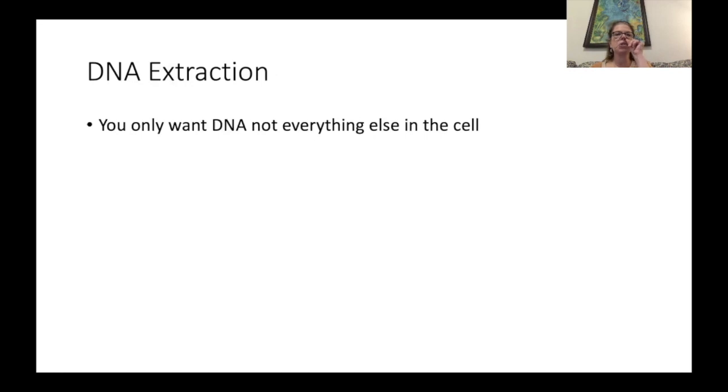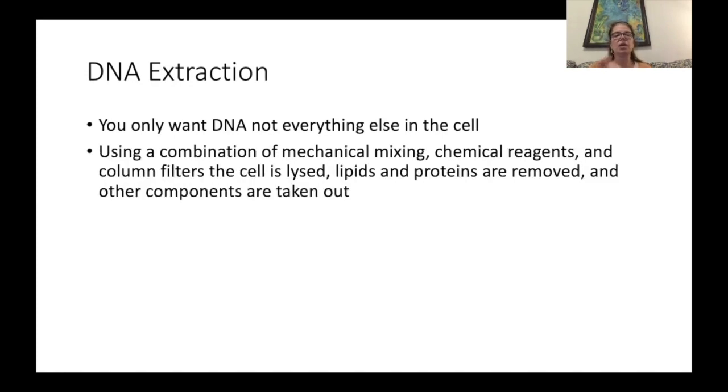Then you would do DNA extraction, and the purpose of DNA extraction is because we're only interested in sequencing the DNA, and all the other components of the cell can actually interfere with that process. So, what we usually start with is some step that allows us to lyse the bacterial cell, releasing the DNA. And that can be done by mechanical mixing or chemical reagents or a combination of those things.